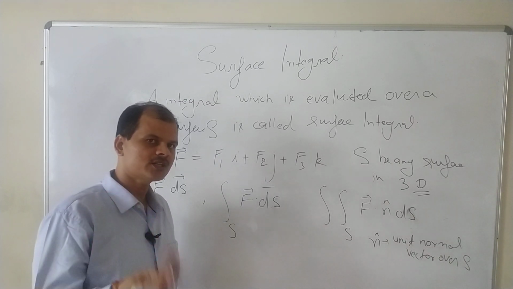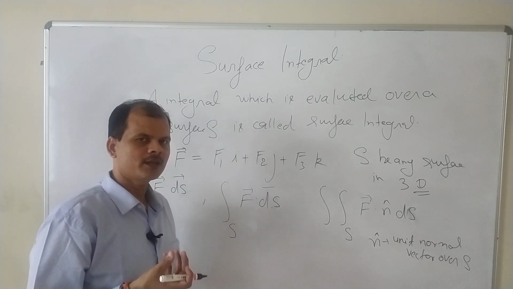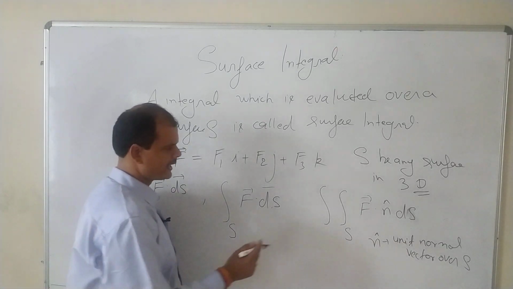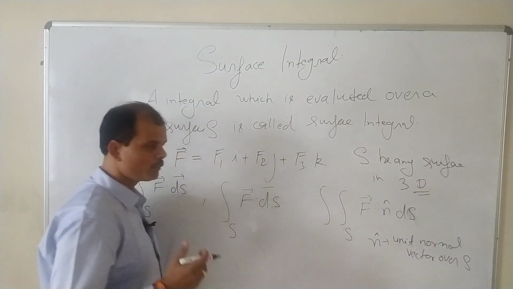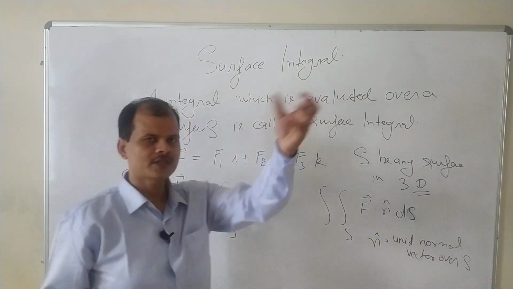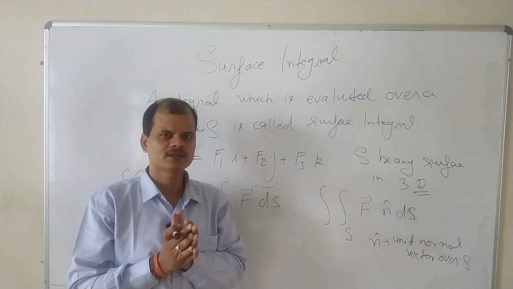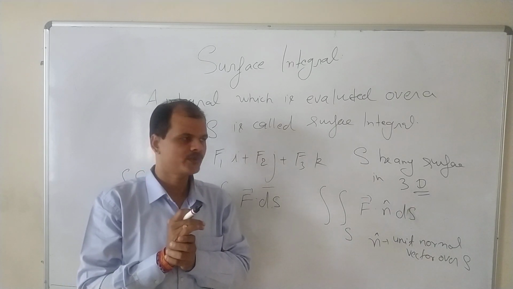To find the unit normal, we divide the gradient of phi by the magnitude of the gradient of phi. So n bar is the unit normal vector over S. Now what is dS? dS is the small element of the surface.